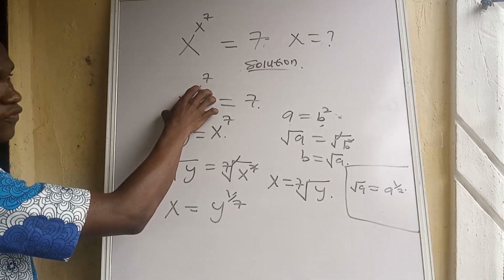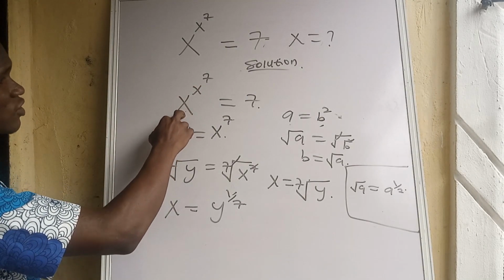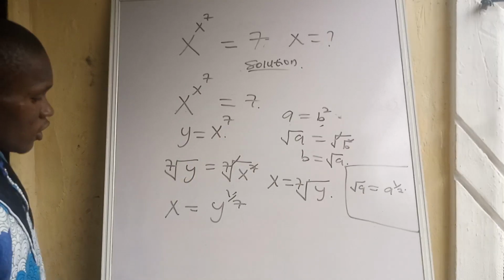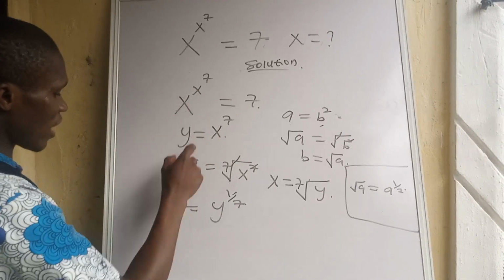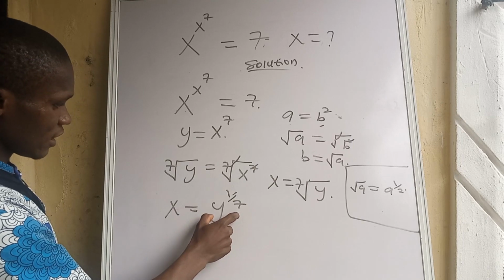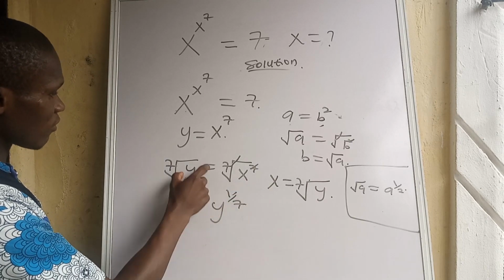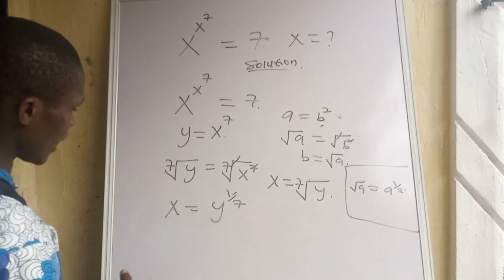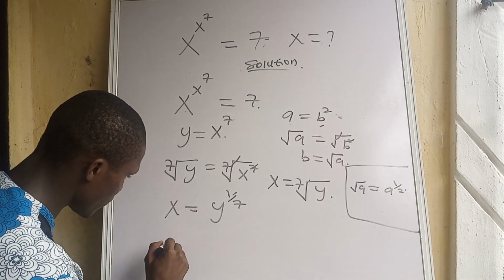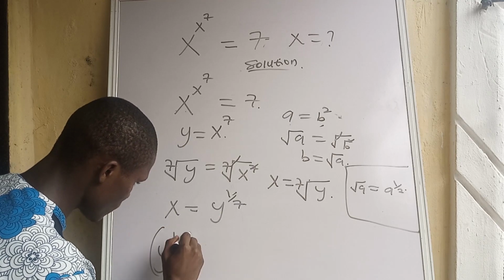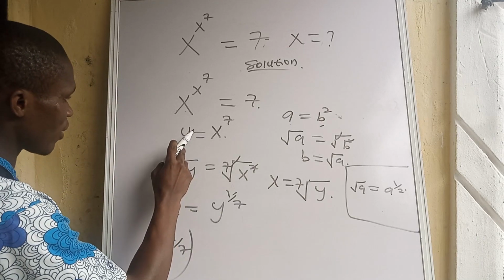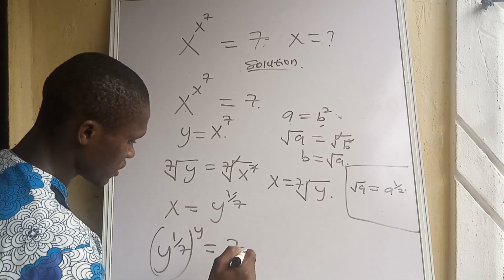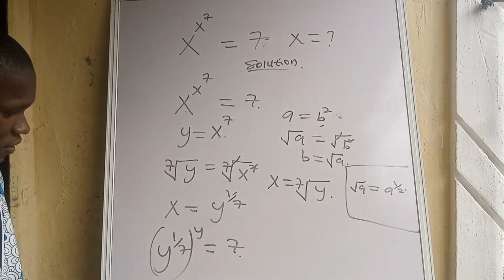Then going back to our previous question, which says x to the power of x to the power of 7 is equal to 7. So in place of x, what is our x? Our x is equal to y to the power of 1 over 7, and our y is equal to x to the power of 7. So we can write this as y to the power of 1 over 7, close bracket, to the power of y, is equal to 7.